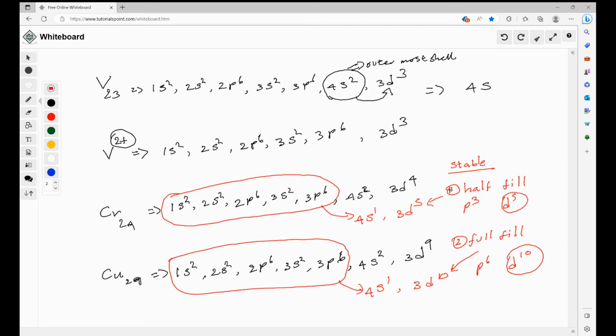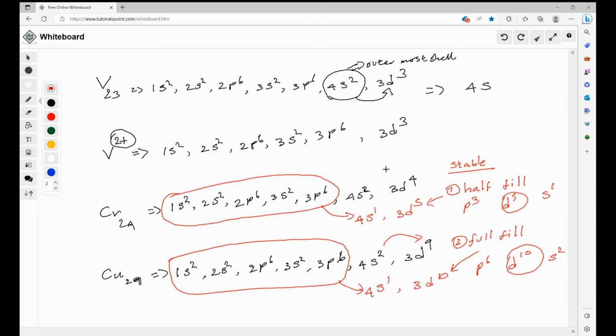Because 3d5 is a stable state, and 4s1 is also a stable state because it is a half-filled s, isn't it? So they borrow the electrons and get a stable state. Why? Because chromium and copper are metals. And for copper, to gain the full-filled state, it borrows an electron from the 4s, and 3d gets more stable than the 4s because 4s is really far away from the nucleus, therefore some deviations are expected.